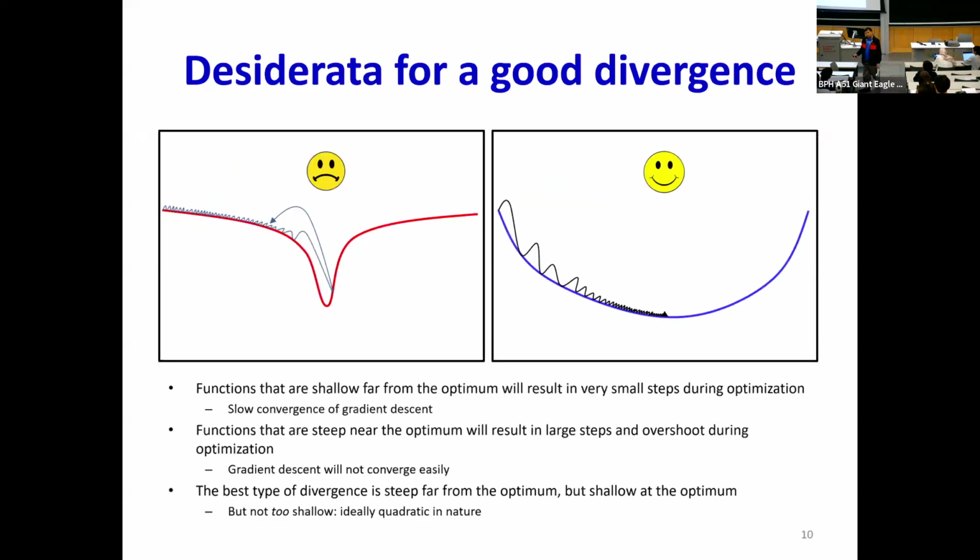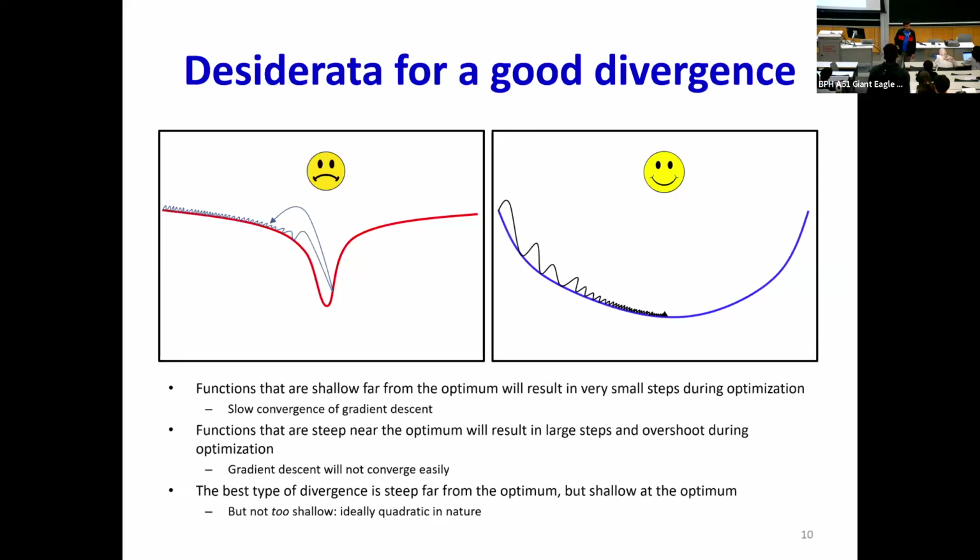Both of these are smooth, they're continuous, they have a global minimum. But in the first one, out far away from the minimum, the slope is very shallow. You're going to take lots and lots of steps to get to the vicinity of the minimum. But once you get there, the slope is so steep that you're going to bounce around and probably jump out of the minimum. On the other hand, the one to the right has this nice bowl shape where when you're far away, the slope is large.